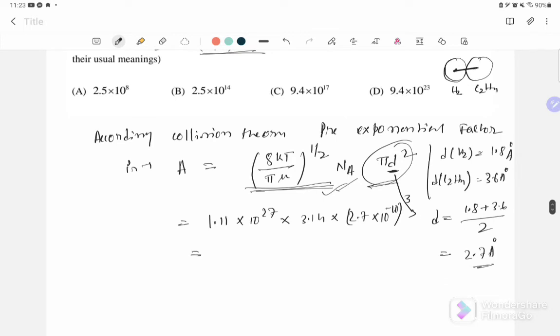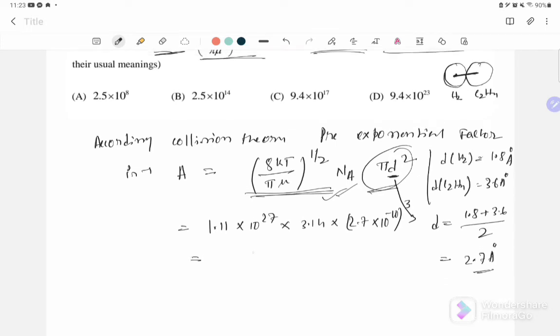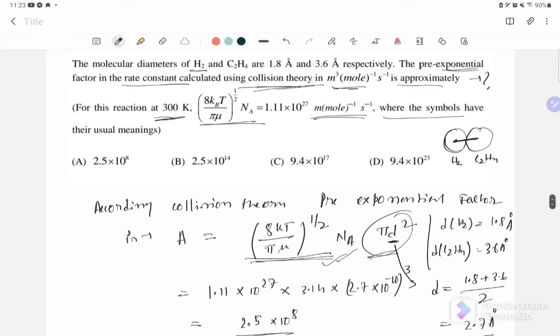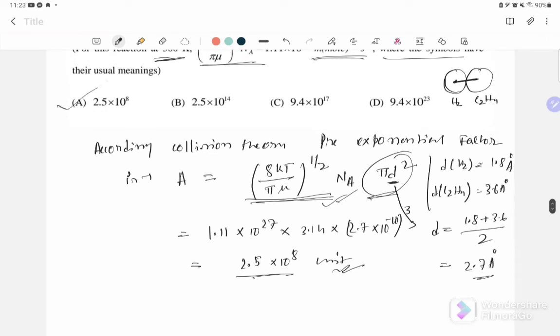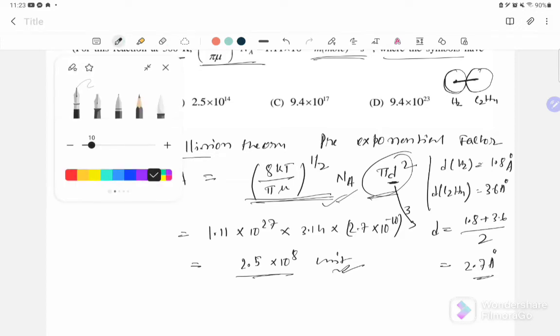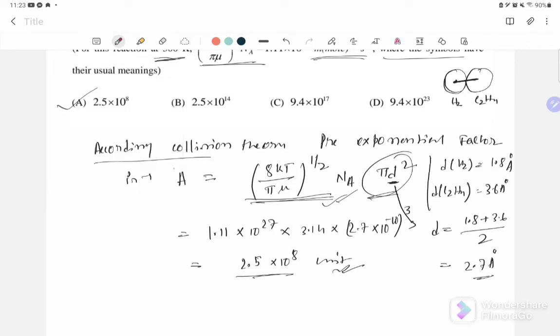If you calculate this, you will get about 2.5 into 10 to the power 10, with the unit m cube. So option A will be our correct option. You just have to know the pre-exponential factor according to the collision theory, nothing else.